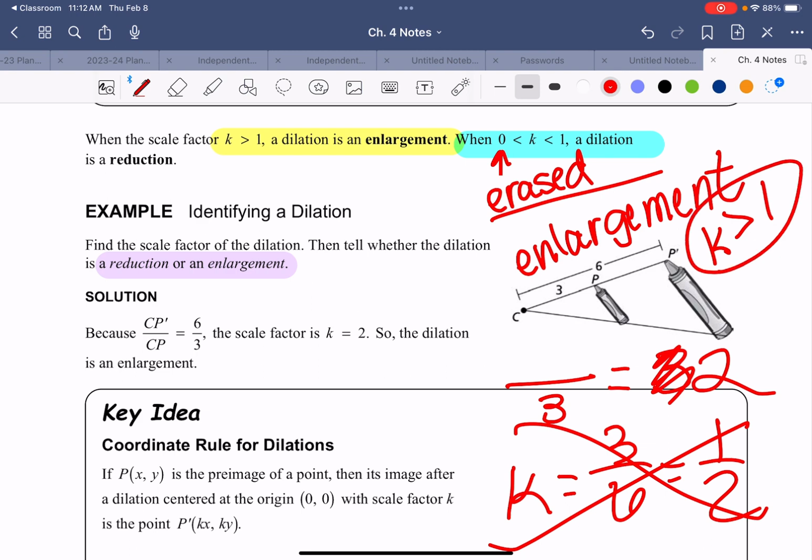And so since I came out with 1/2, I'm like, no, that's a shrink. I instantly know I should have put the 6 on top and the 3 on the bottom. So here's a good rule of thumb. When you're making it bigger, the bigger number goes on top. When you're making it smaller, the smaller number goes on top. Hope that helps you remember it.